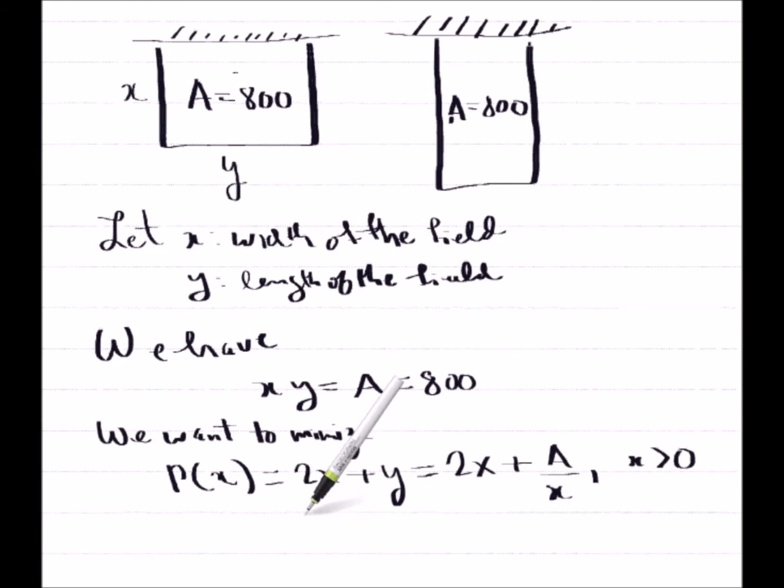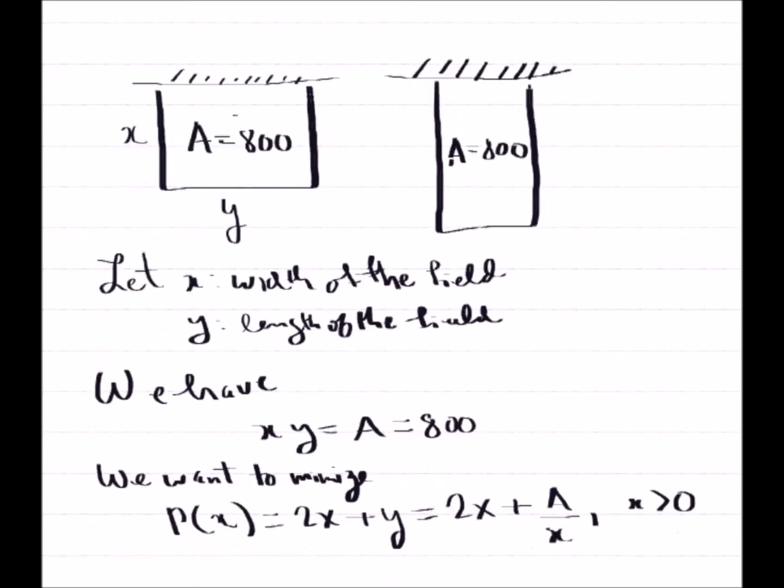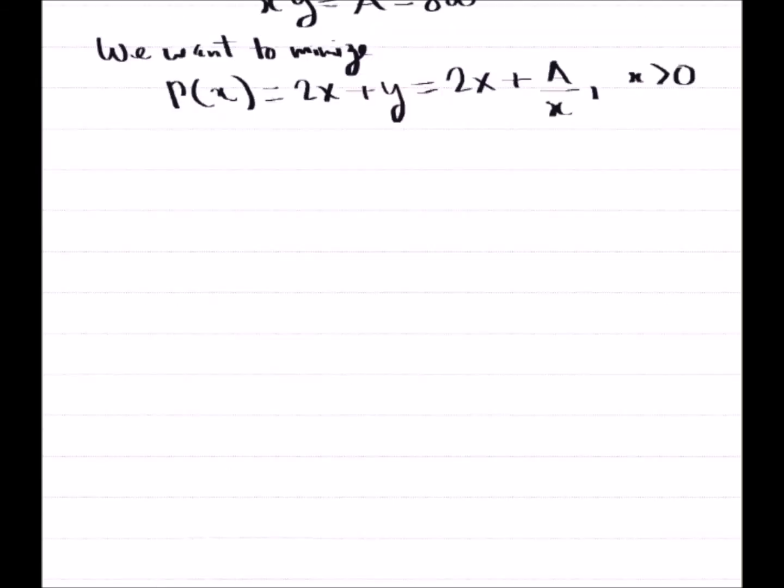Now the next step is to find where the min occurs. This function is differentiable everywhere on this domain, so if there's a min, it's going to occur where the derivative is equal to 0. So my next step is to compute my derivative. I'll scroll down. So I will compute p prime of x.